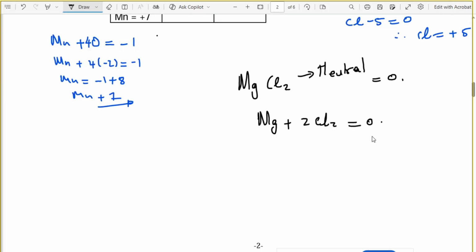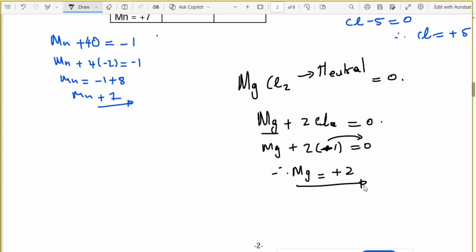Then we equate this to 0. We are looking for this. And then remember, this is just Cl. So this will be Mg plus 2 into Cl. It's always -1. Therefore, this tells you that the oxidation number of Mg, this will come to this side to be +2. So it will be +2. You happy with that?